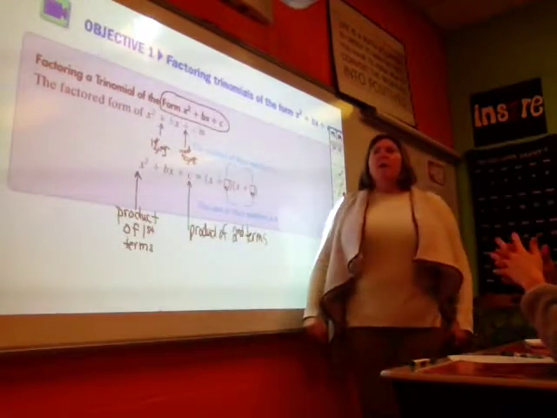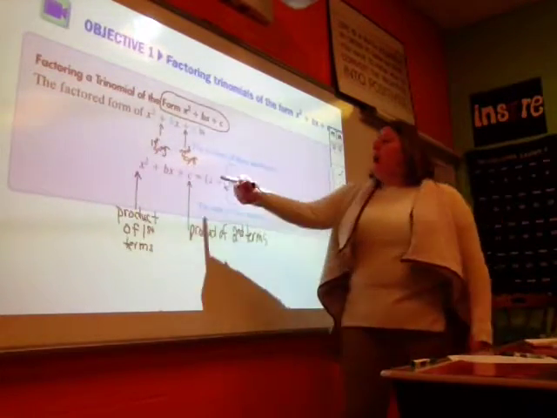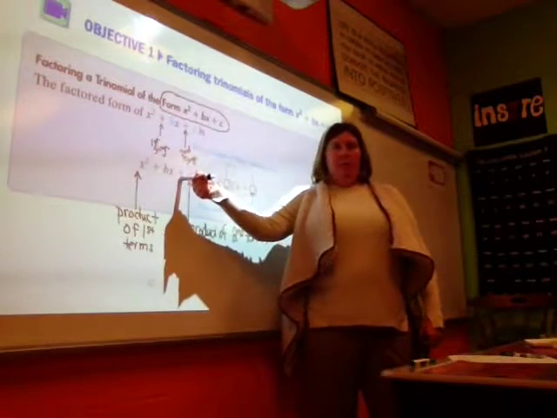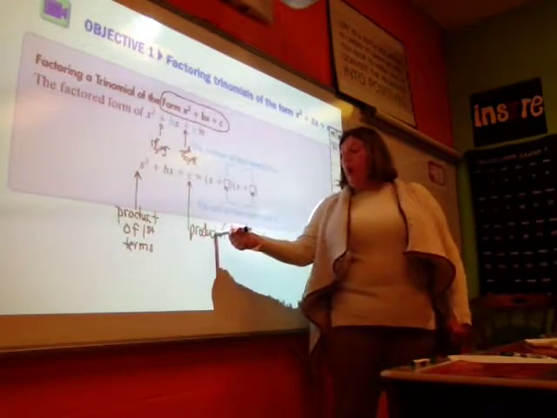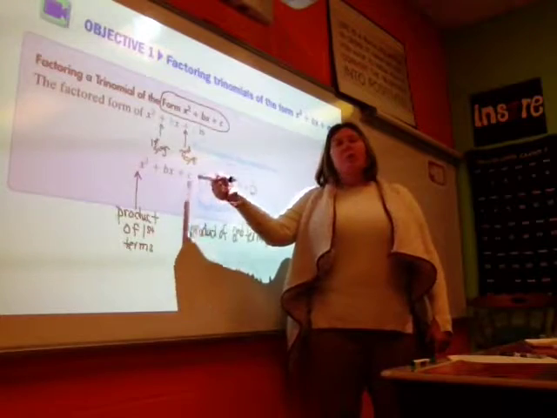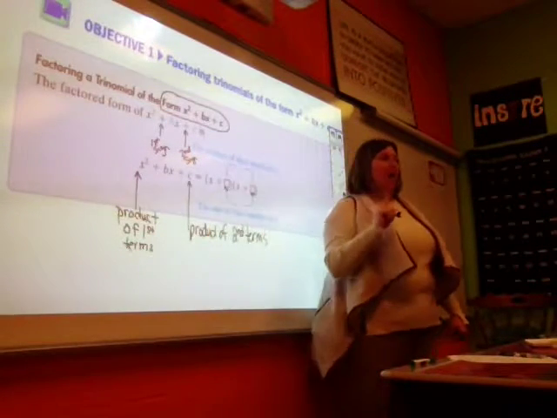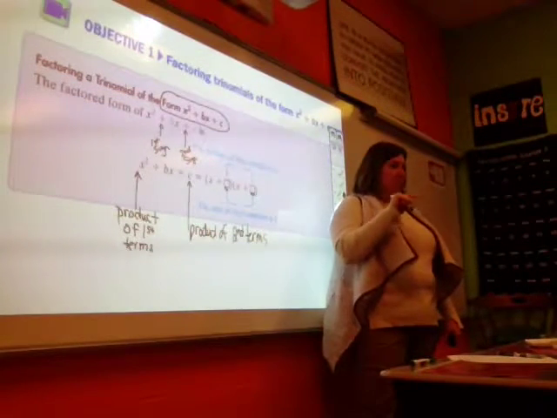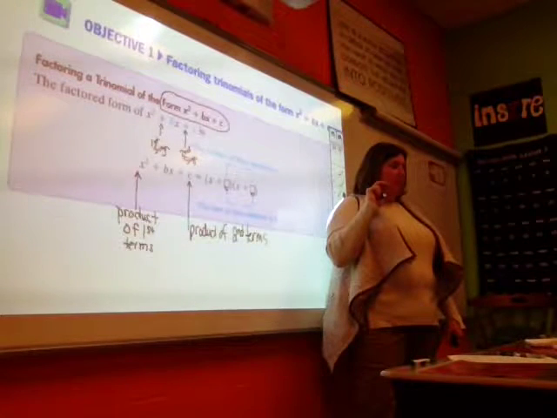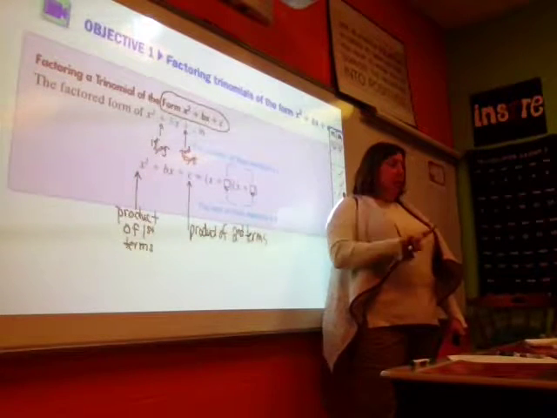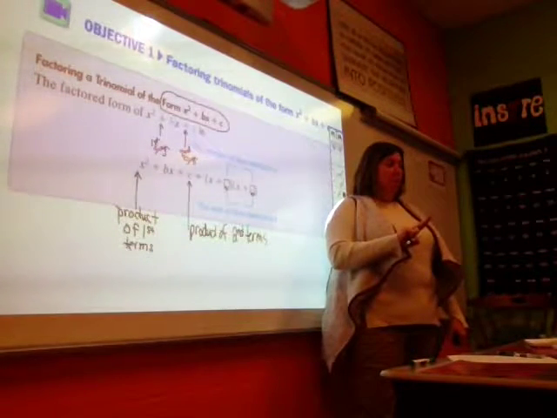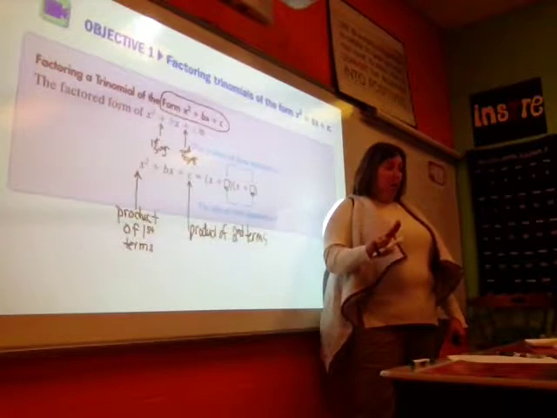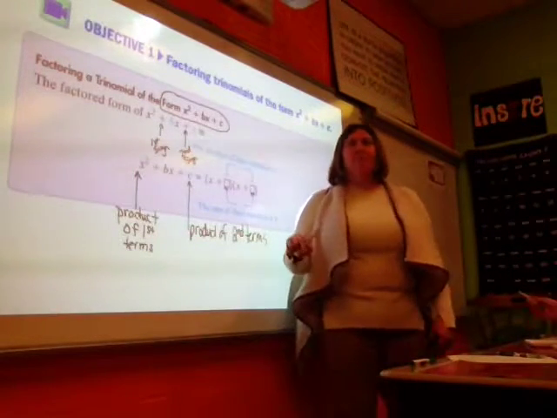Okay? Now, if I want this to be positive, and I'm getting a product, what can I multiply together to make C positive? Two negative numbers. Two positive numbers. Okay.